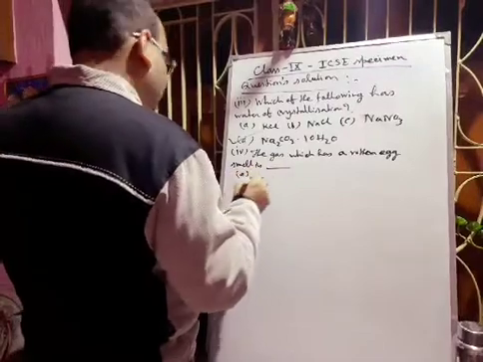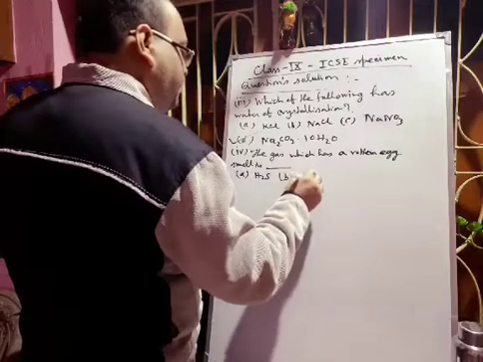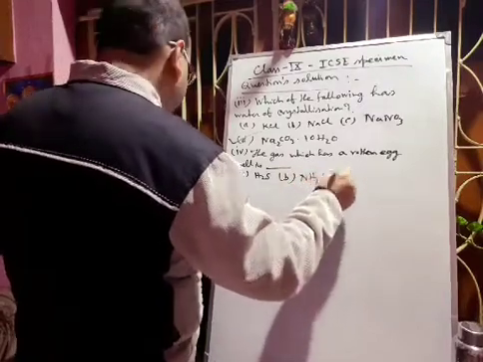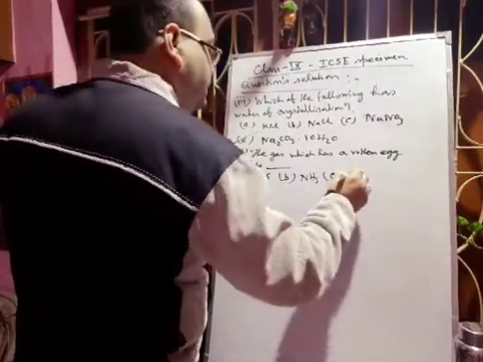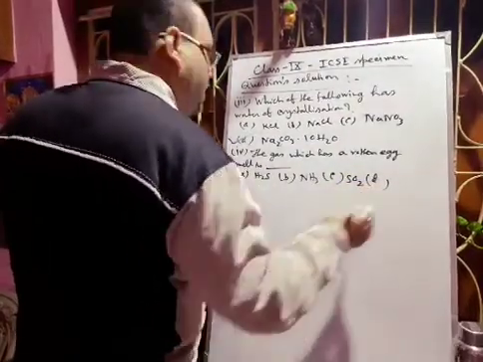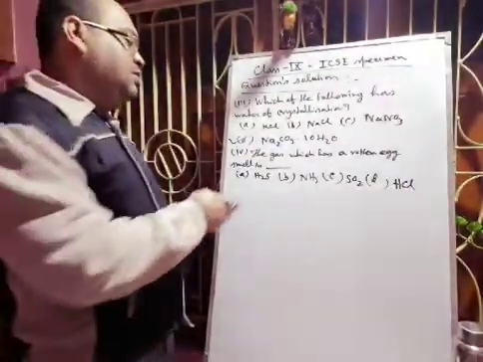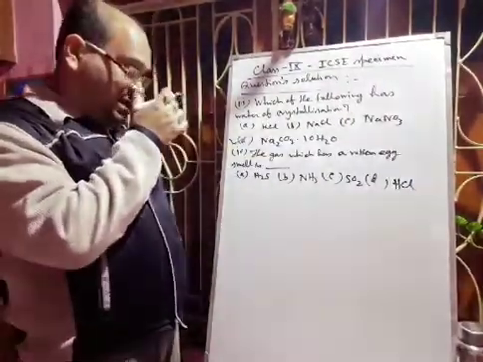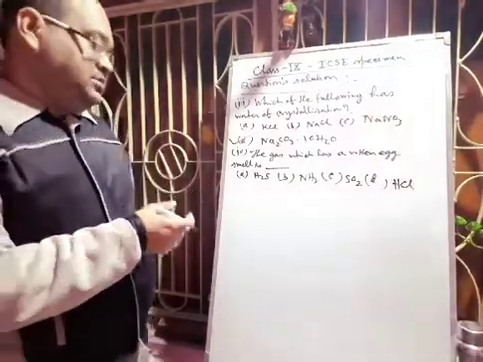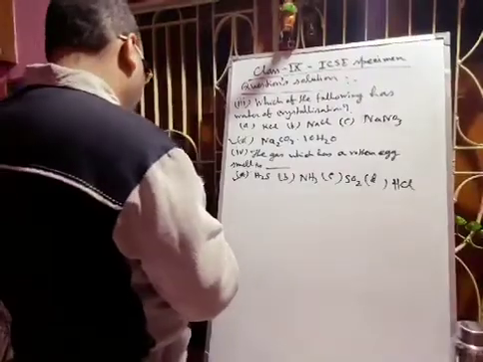Option A hydrogen sulfide, option B is given ammonia, option C is given sulfur dioxide, and option D is given hydrogen chloride. So all of you know that hydrogen sulfide has the smell of rotten eggs. So rotten egg smell, answer will be the hydrogen sulfide.